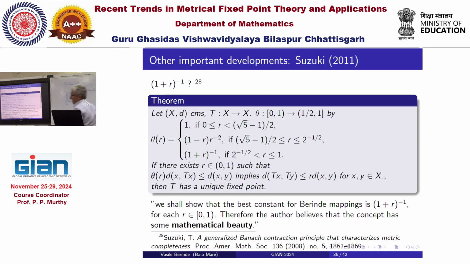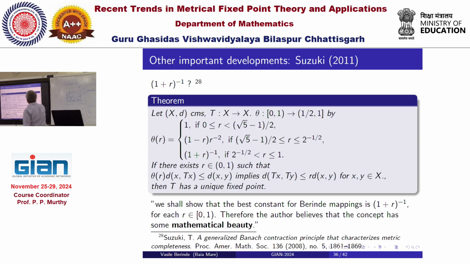I close with some other important developments. There is a very nice extension of this result. Tomonari Suzuki is a Japanese mathematician, and he gave a result for Banach type contractions to show that they characterize the completeness of the metric.